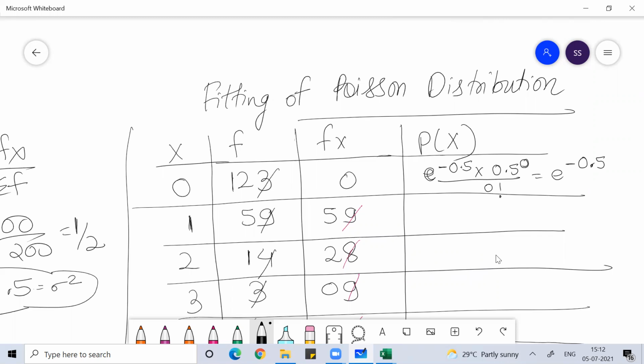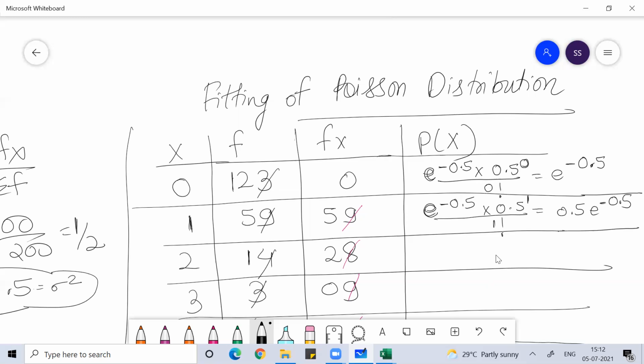Clear everyone? The next one would be e to the power minus 0.5 into 0.5 to the power 1 by 1 factorial. This would be 0.5 e to the power minus 0.5.